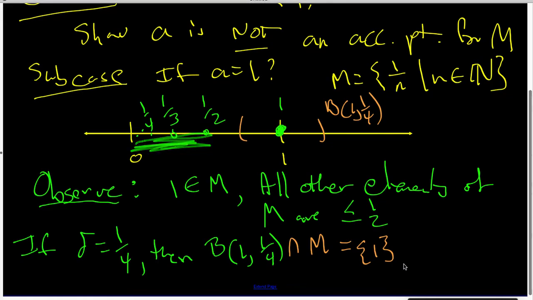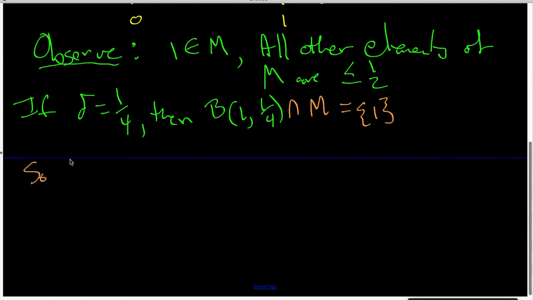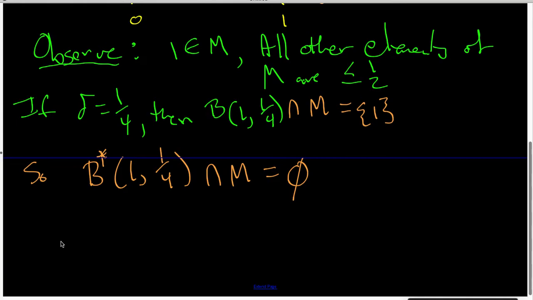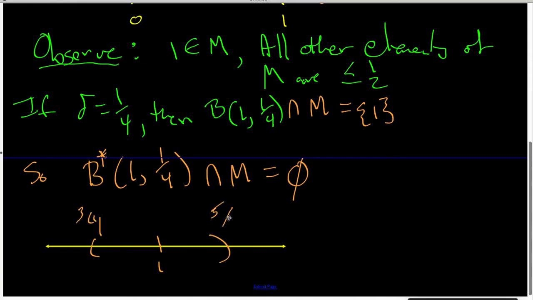So what does that mean? Well, that means that if I look at the intersection of the punctured delta ball, centered at 1 of radius 1/4, with the set M, that is going to be the empty set, because the punctured ball would look like this. Here's 1, and this would be 3/4, and this would be 5/4.